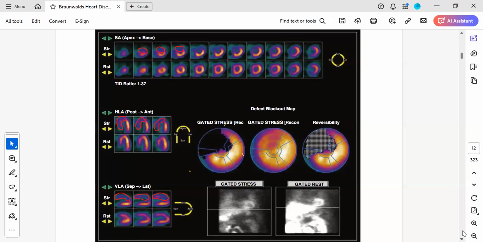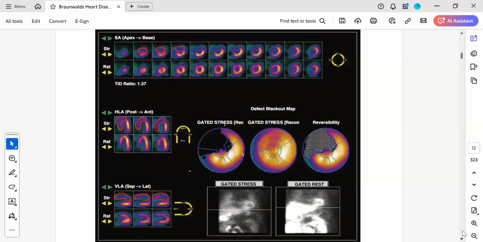When the perfusion defect is present both at rest and during stress, it means the defect is fixed. And there are two causes of this, either a myocardial infarction or artifacts.